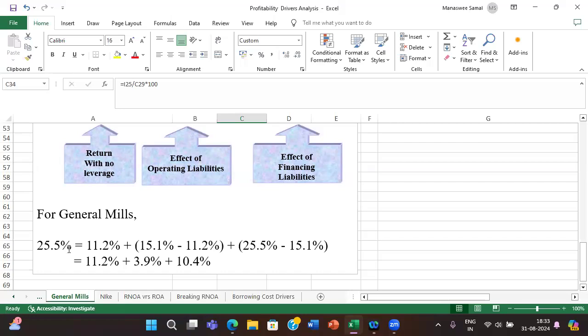So your ROC would also be 11.2%. Then you invite some operating liability, and it increases to 15.1% because you have 3.9% extra return for the shareholders. Then you invite some financial liability, and again another component comes into the picture, 10.4%, isn't it?